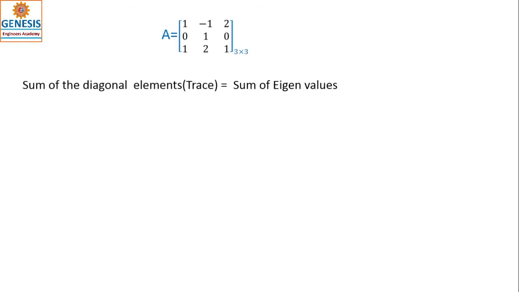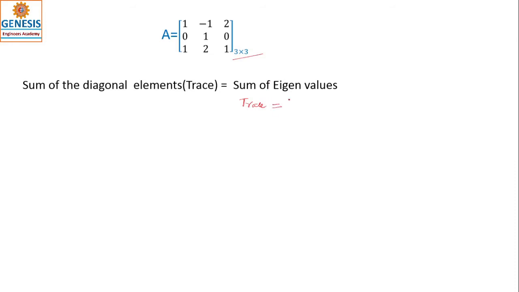So these are the properties of eigenvalues. The sum of the diagonal elements, that is called the trace, is equal to the sum of the eigenvalues. Since it is 3 by 3, you are going to have a cubic equation and the roots will be 3.